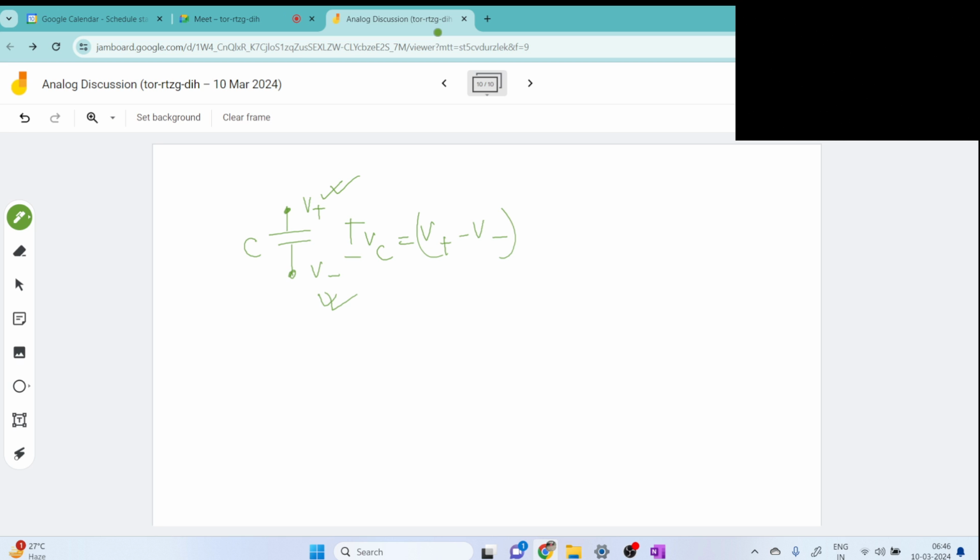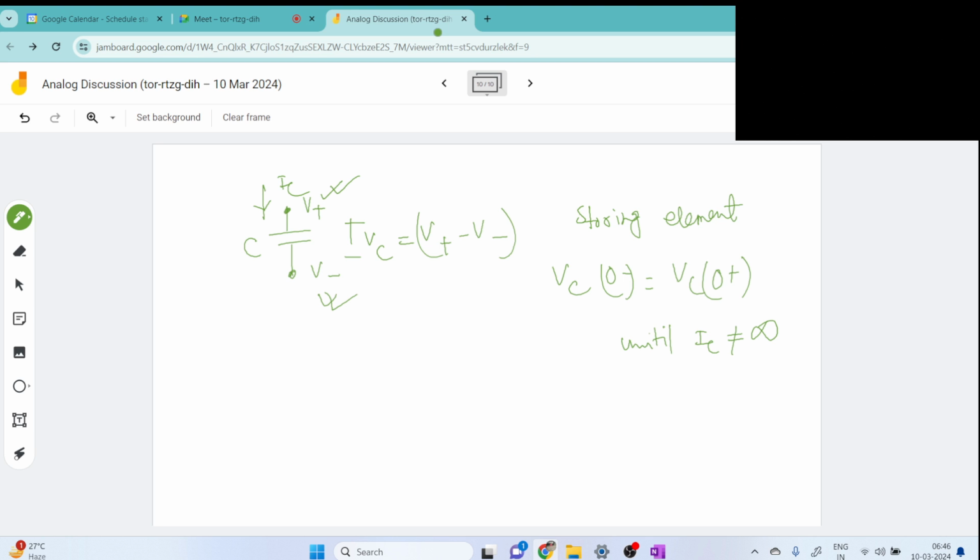I have said that this is a storing element. Storing element means the voltage remains the same from t equals 0 minus to t equals 0 plus, until the IC is not infinite.